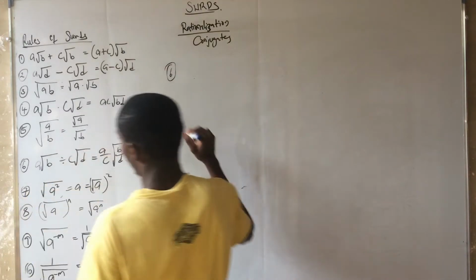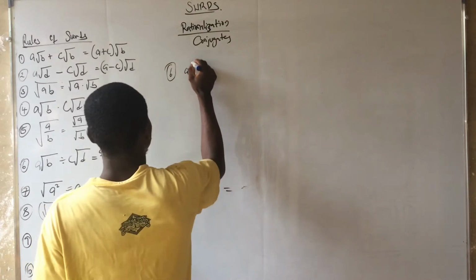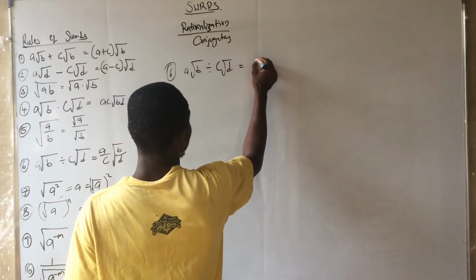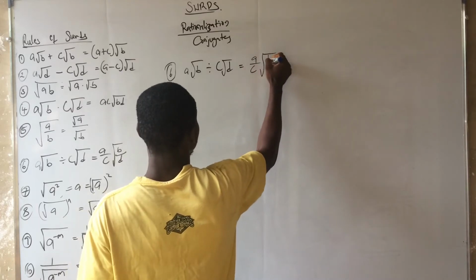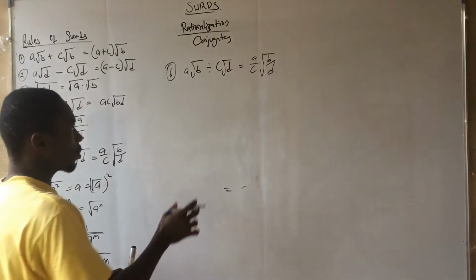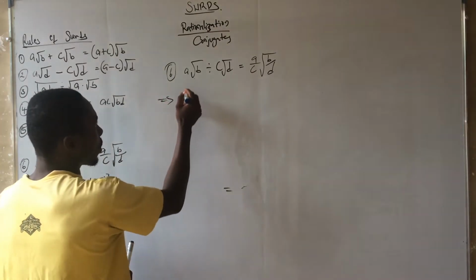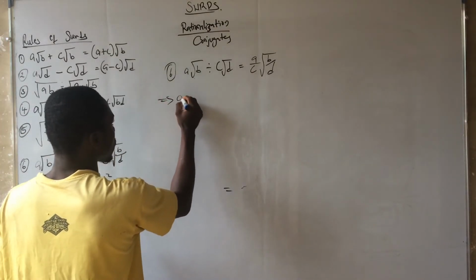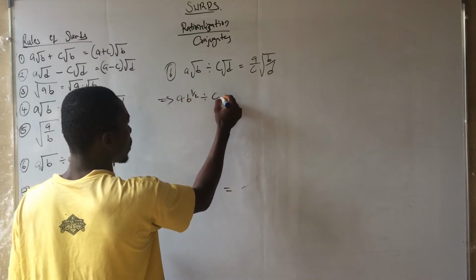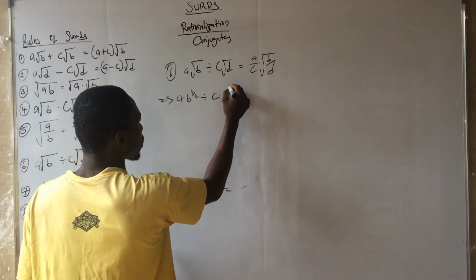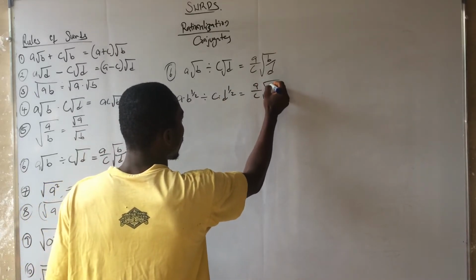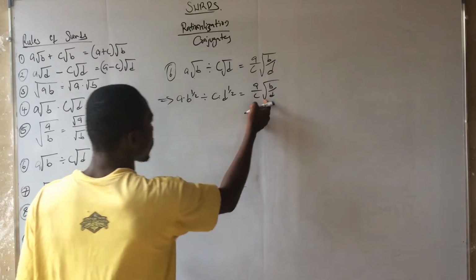Number 6 says a root b divided by c root d is equal to a over c root b over d. What are we going to do with this now? Coming from this side, this is a times b raised to the power 1 over 2, divided by c times d raised to the power 1 over 2, to be equal to a over c times root b over d.